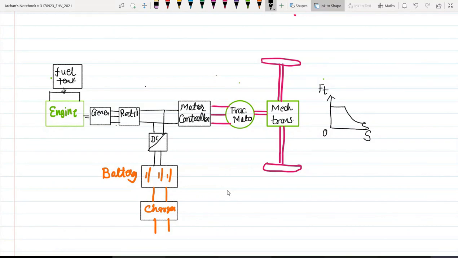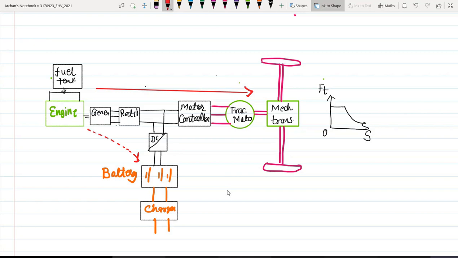So this is our series hybrid electric vehicle. There is one possibility of power flow from the engine, and another one is this engine will help us to charge the battery.